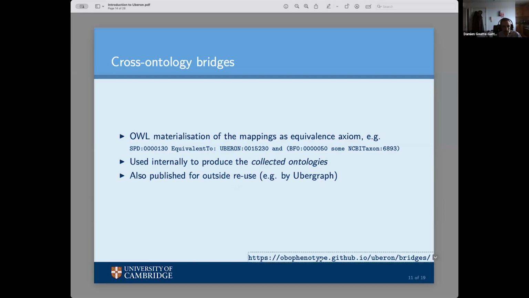And the link here below will get you to our current documentation of our bridging process if you want to know more about how those bridges are maintained and produced.